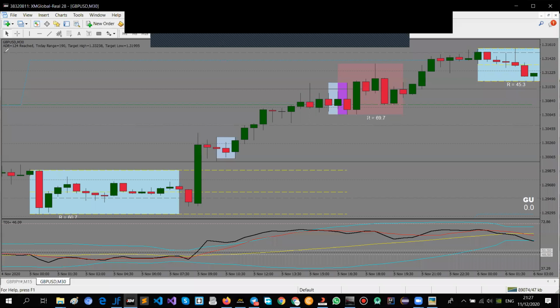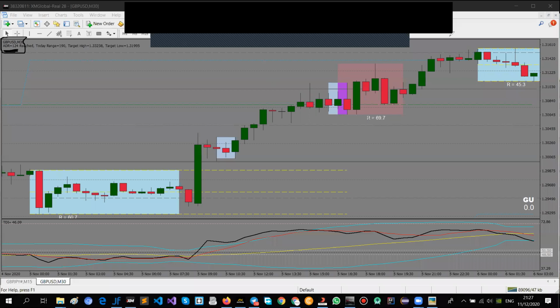At this corner here, where the pair's name and the time frames are written, it says ADR here. This ADR is 124 pips. This is the ADR for this particular pair.